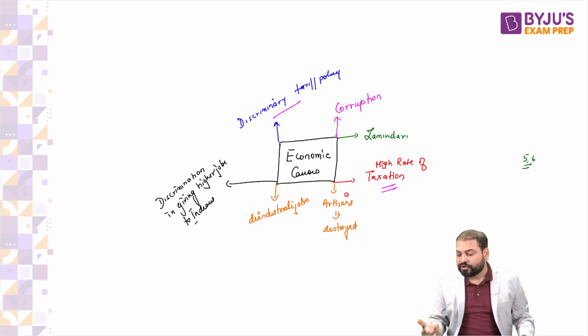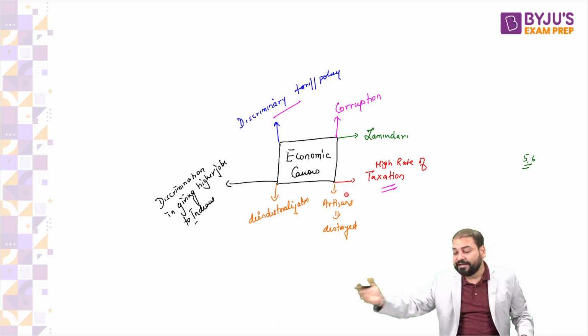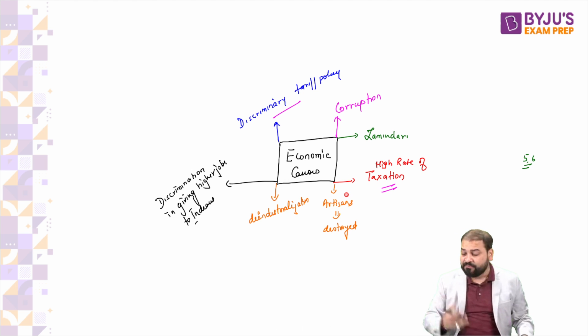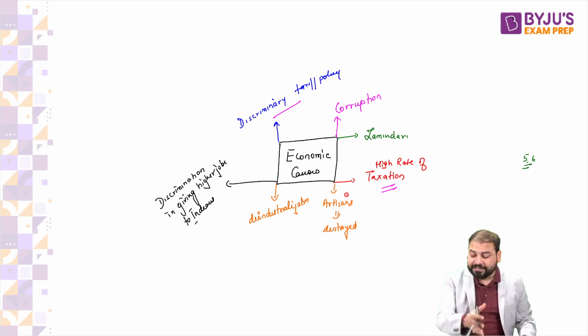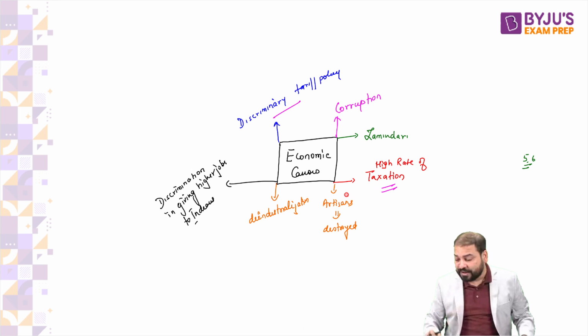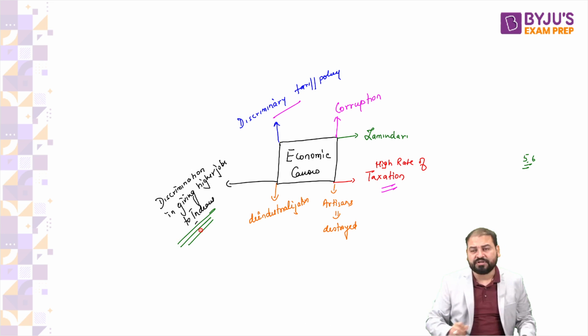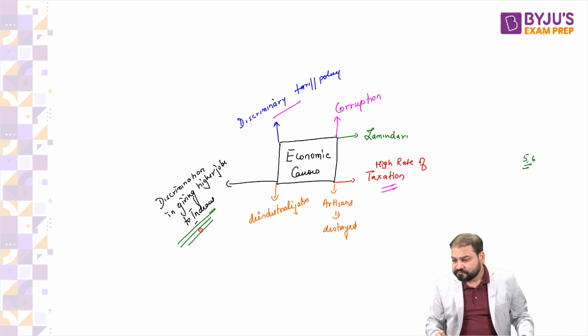Molly, they don't know drain of wealth. It only came in the 1870s. Please remember, Dadabhai Naoroji writes about drain of wealth much, much later. So how would people know in 1857 that drain of wealth is happening? No, Shreyash. Poonam, I said that this discrimination, that is the thing.